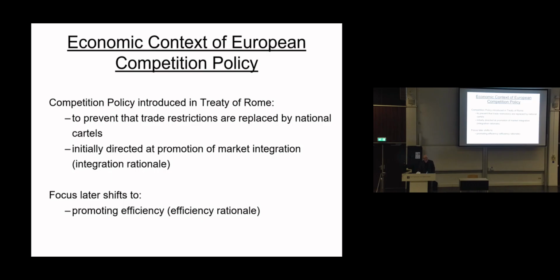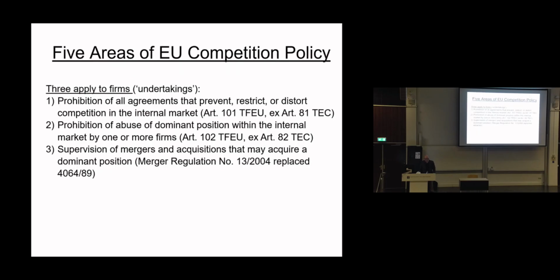We talked about that. So there's an integration rationale for having competition policy. But later on, there was also a shift to focus on economic efficiency, an efficiency rationale for having competition policy in place.